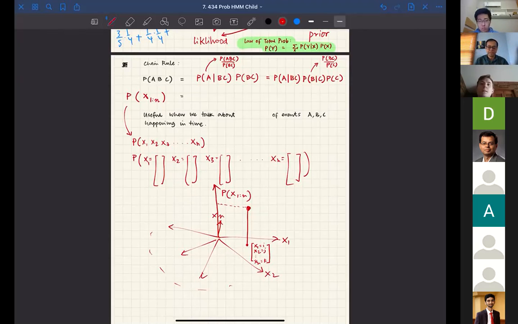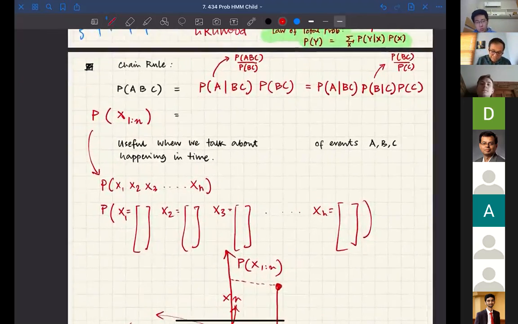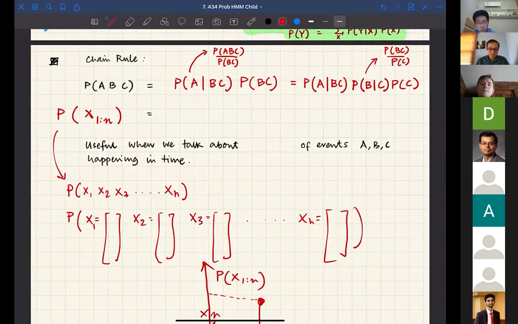So we can write this P(x1 to n), given the above chain rule, as P(x1 given x2 to n). Make sense? Times, can someone tell me how to finish this? What should I write now?